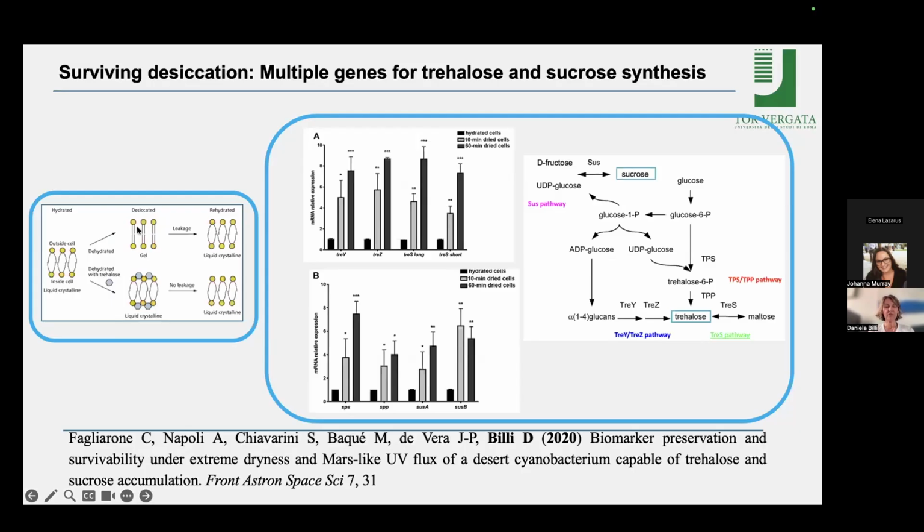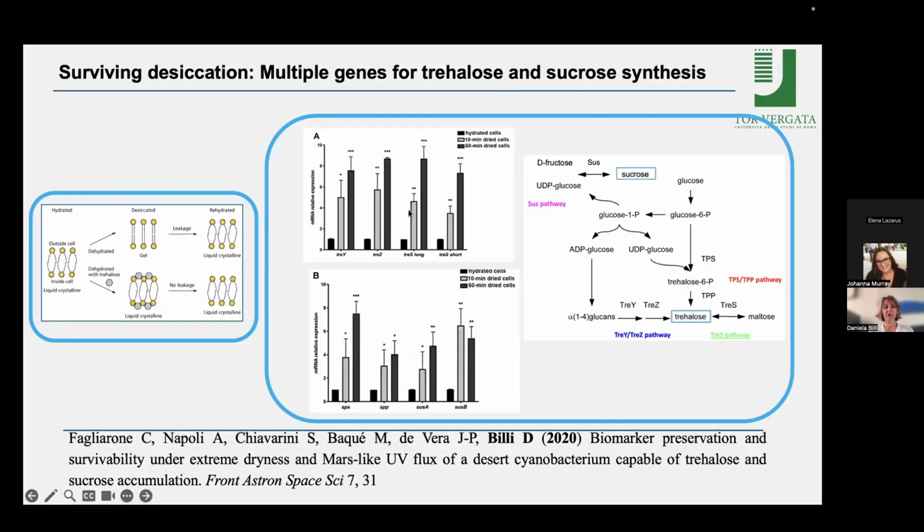Most organisms don't have these strategies. So when desiccation arrives, there is a phase transition of the membrane, and on the following rehydration there will be a leakage of solutes and cell death. Since cyanobacteria are photosynthetic, they also produce sucrose, which is as efficient as trehalose in this protection.